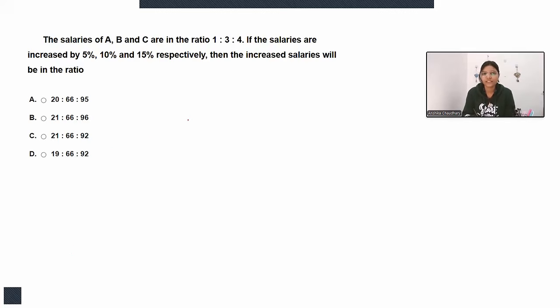So the question is, the salaries of A, B, and C are in the ratio of 1, 3, 4. See, this is the ratio, not the actual salary, right?